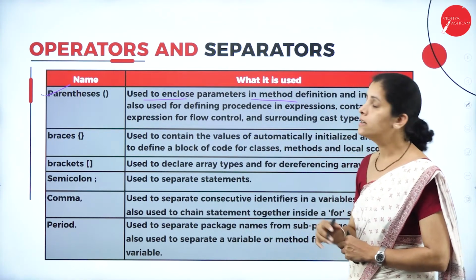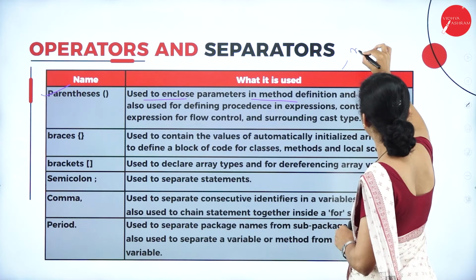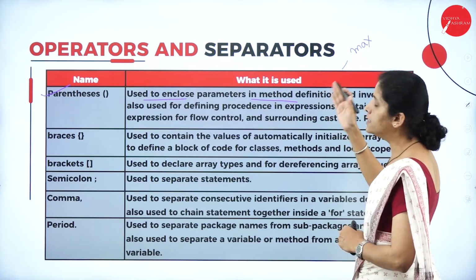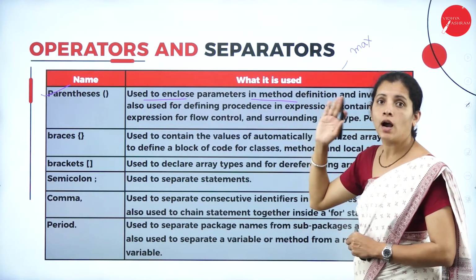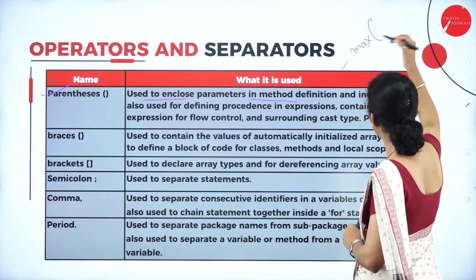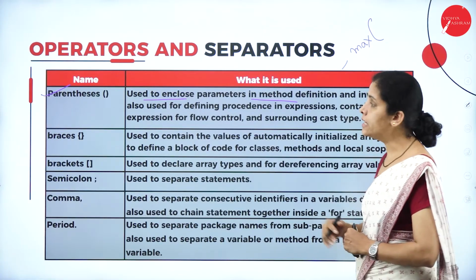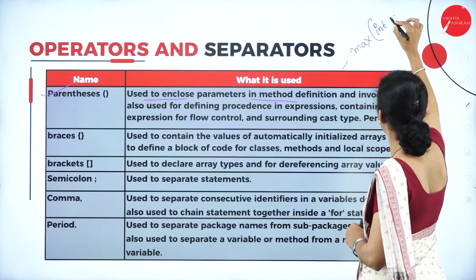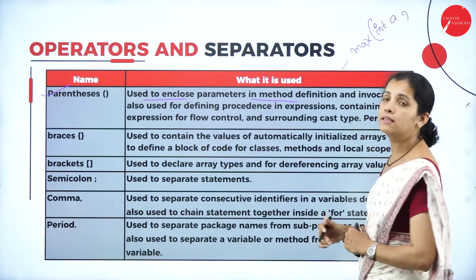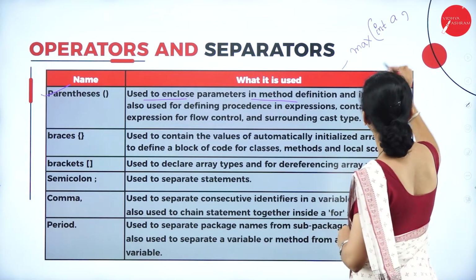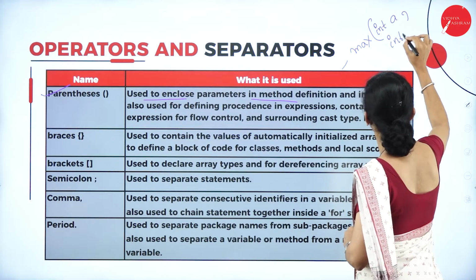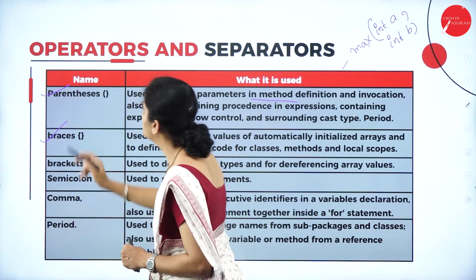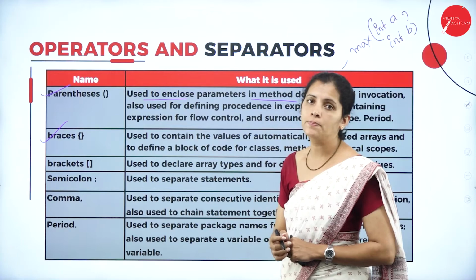Dear student, if I have a method called max that accepts arguments, I write them within the parenthesis: int a, where the comma is my separator, then int b.